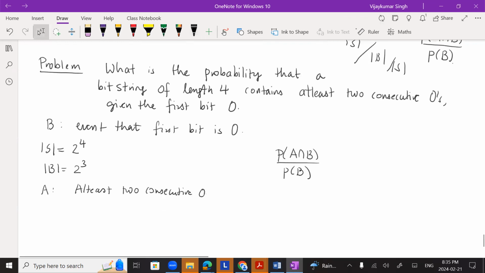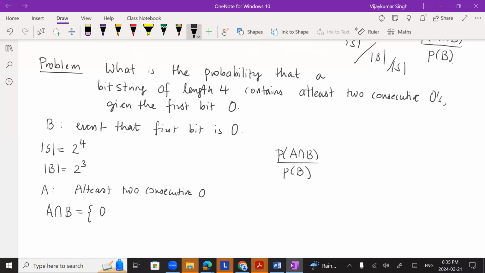Now what is A intersection B? Let's list it out because we have a small set. So A intersection B is what? The first bit is definitely 0, and now you're checking what are the other possibilities.